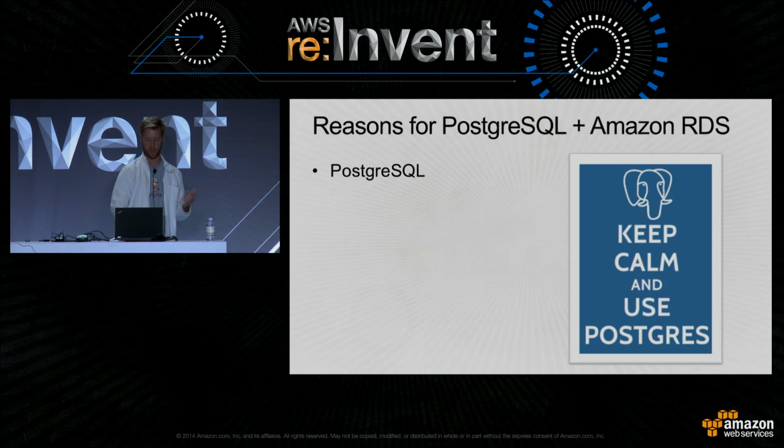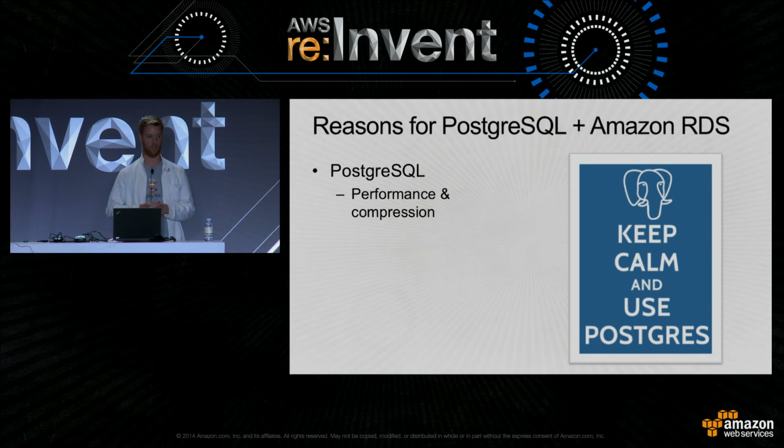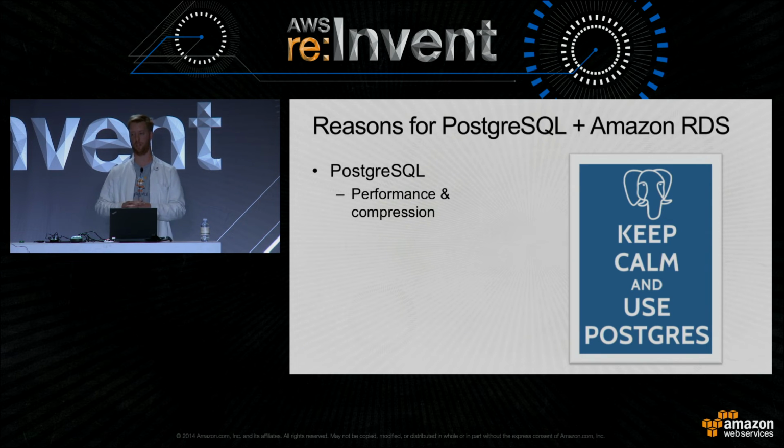Some of the reasons why we chose Postgres, there's a lot more than I've listed here. General performance and compression is really good in Postgres. A lot of times you have to tweak other open source data systems like MySQL. You can do compression now, but it's not on by default, so it's one of the things we like.